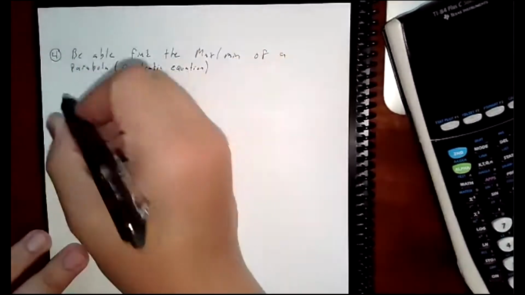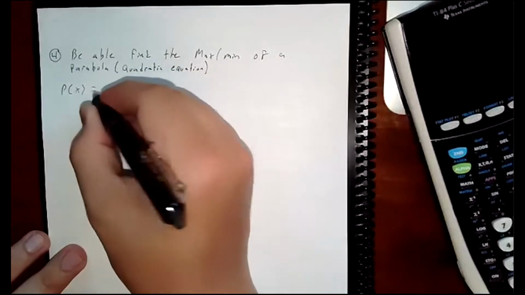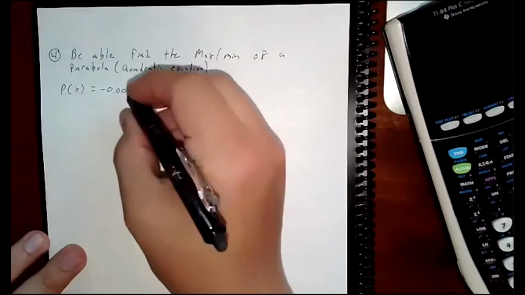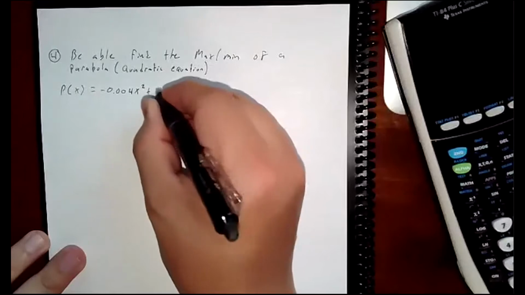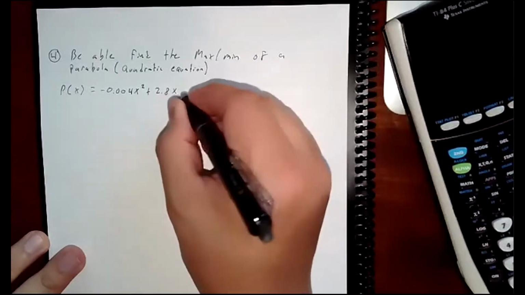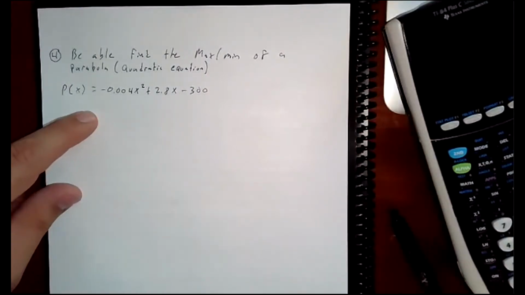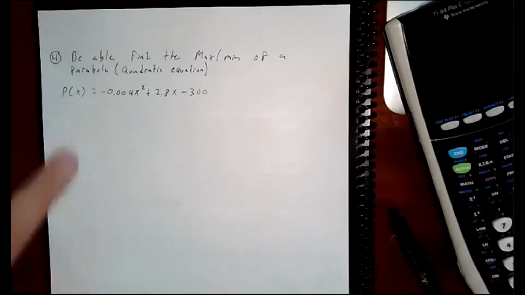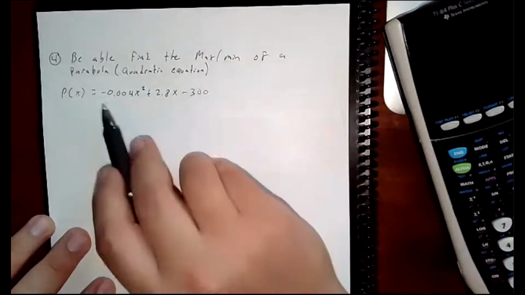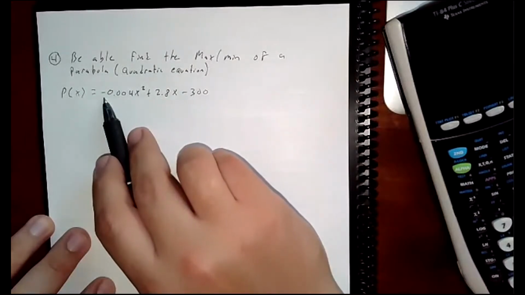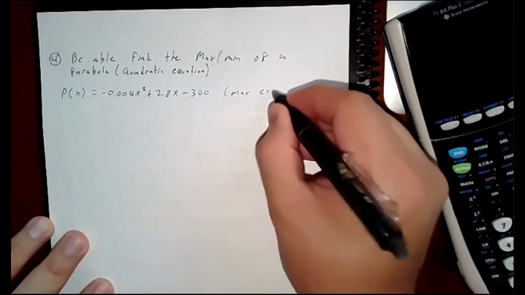Let's say they give you some profit function, and they want to know the maximum profit: negative 0.004 x squared plus 2.8x minus 300. One thing you could do is graph it and pick out the vertex of the parabola, or you can use your formula. Since it's a negative on the x squared, it's going to be opening downward, so there should be a maximum. So a max exists.